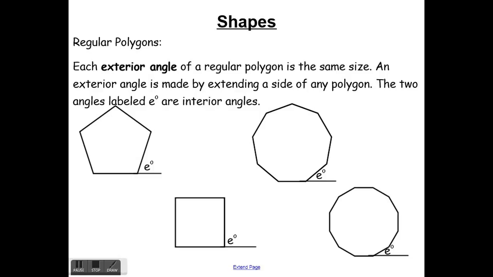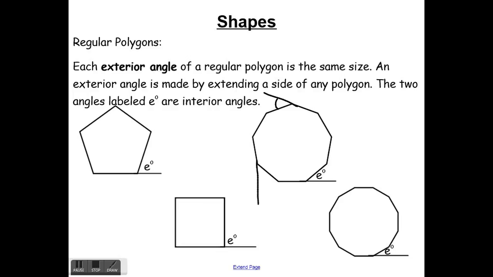Next is exterior angles. Each exterior angle is the extended angle, and of course they are all the same size. How you get an exterior angle is by extending any one side of your polygon, and then it's the angle on the outside. So if I extend this side, that's an exterior angle.